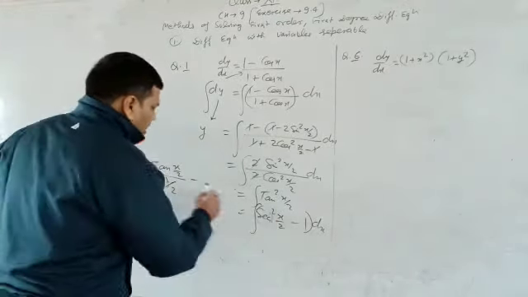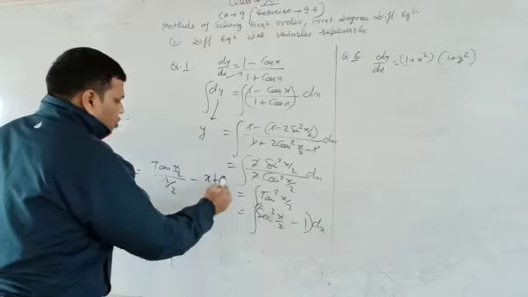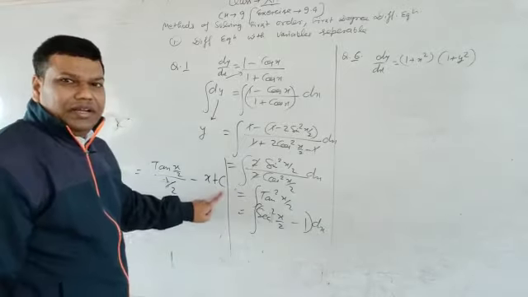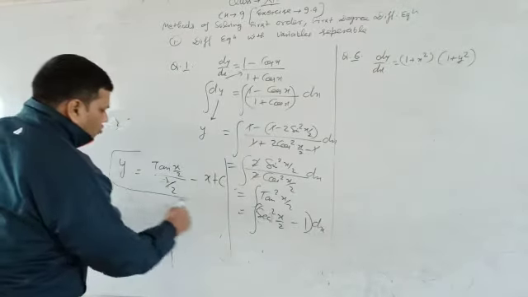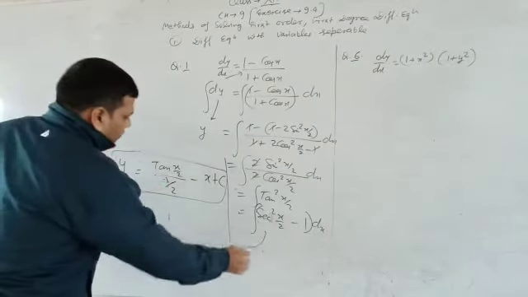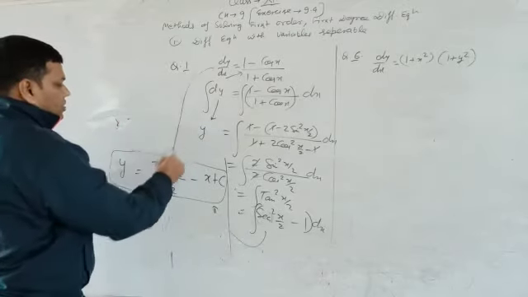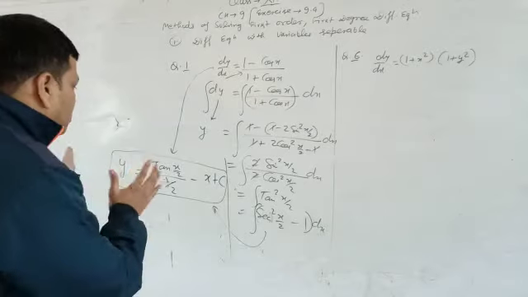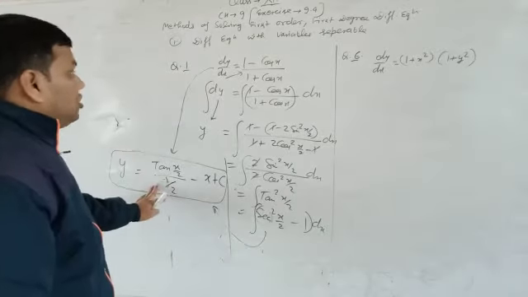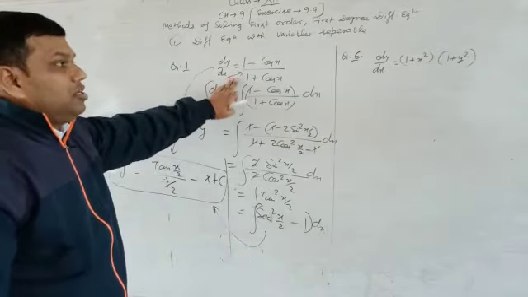Now for 1, the integral is x, and of course there is an integrating constant there. So we got the general solution of this differential equation, right guys? This was the general solution of the given differential equation.